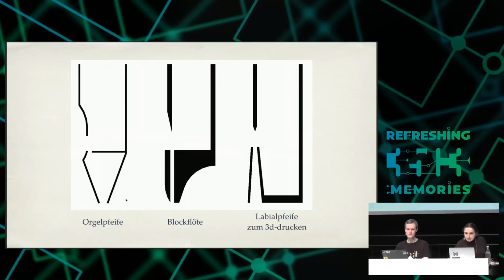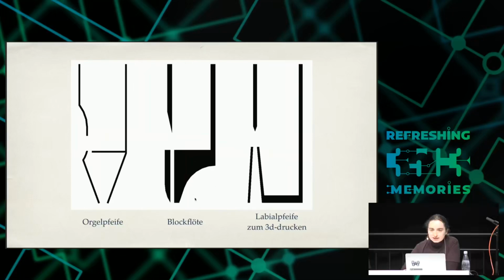These metal organ pipes are from sheet metal soldered together, and that's why they have thin walls everywhere, and that's why there's air in the bottom here, because it's the easiest way to build it. On the other hand, a recorder, you just drill a hole into a piece of wood, and then you make the lip there, and then you put in the block there, and that's why there's the big black block there. That's caused by the way it is built.